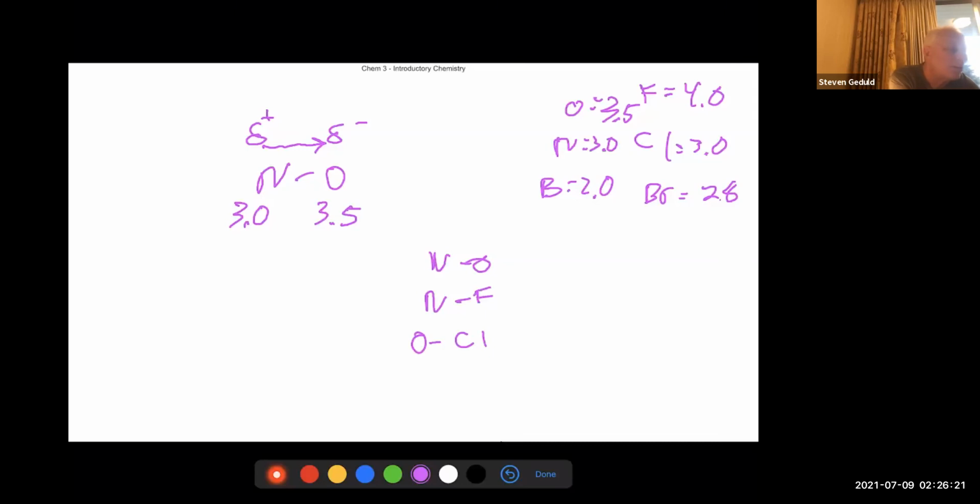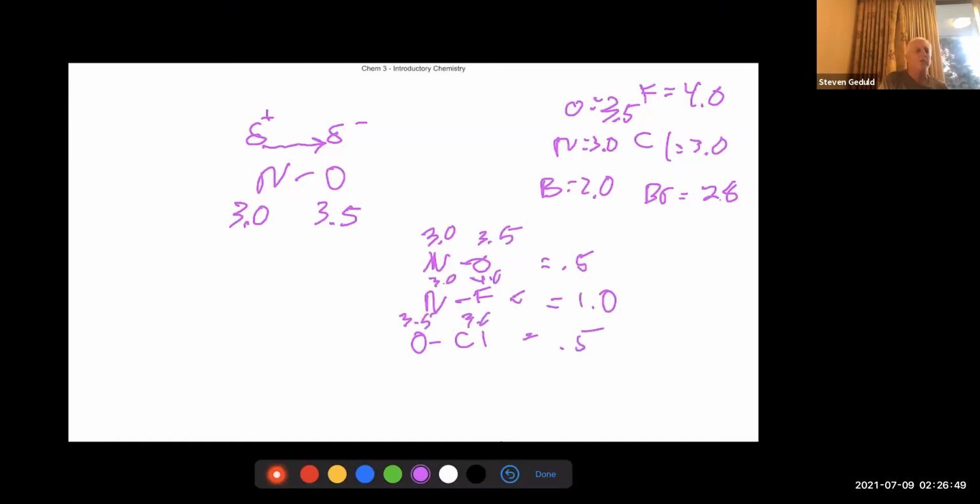Okay. So nitrogen, we said, was 3 and oxygen 3.5. So we've got a difference here of 0.5 in polarity. Nitrogen was 3, fluorine is 4. So this is 3.0, 4.0. Okay, a difference of 1.0. Oxygen was 3.5, chlorine was 3.0, a difference of 0.5.